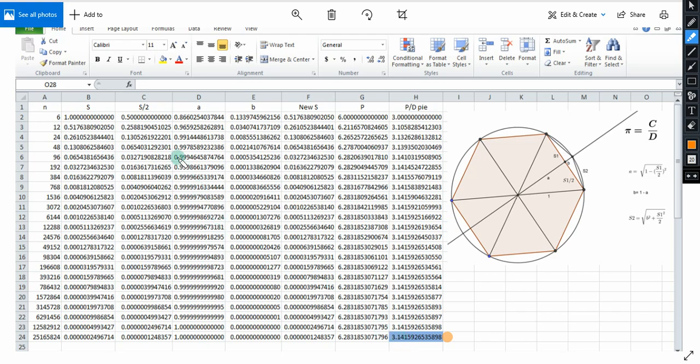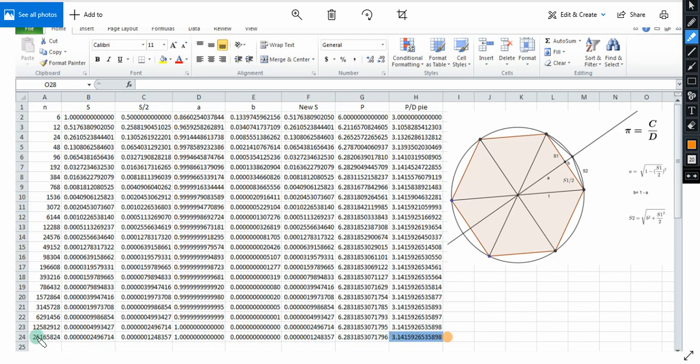We have used Excel and some formulas here, and the geometrical theorem we talked about previously, and here we use some formula in Excel, and finally we have found the value for pi.